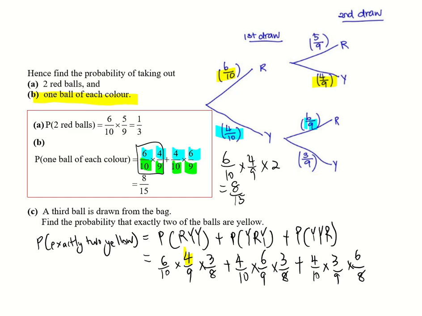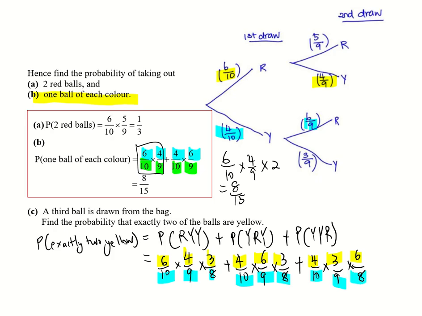Do you realize again that I have 6 times 4 times 3 in the numerator, the second one 4 times 6 times 3, and the third one 4 times 3 times 6. Likewise, I look at the denominator, 10 times 9 times 8, the second fraction 10 times 9 times 8, the third fraction 10 times 9 times 8. The denominator is the same.